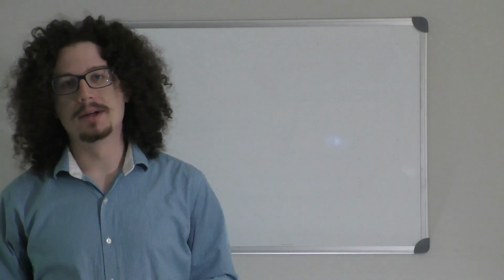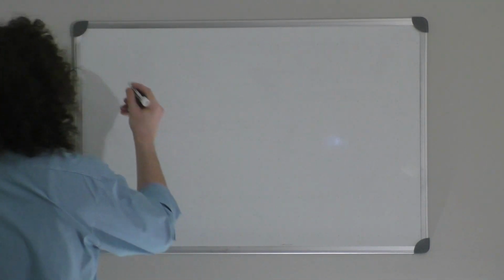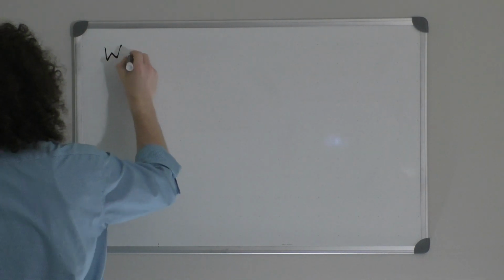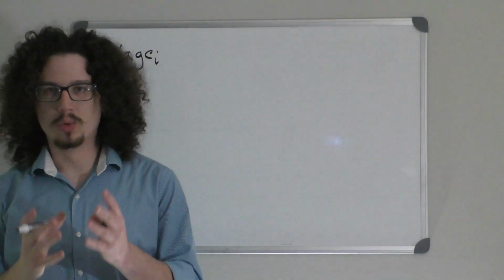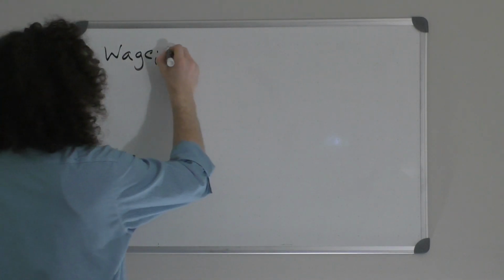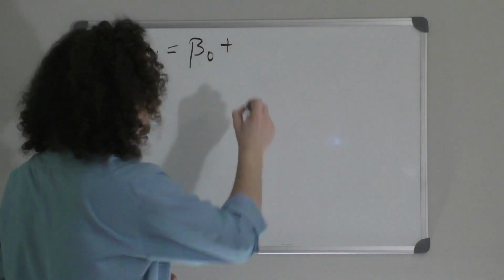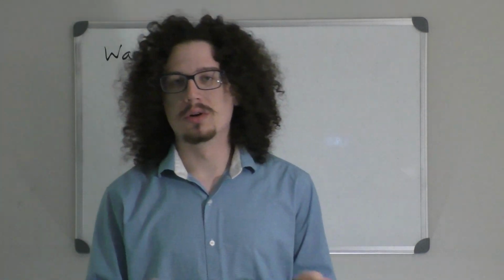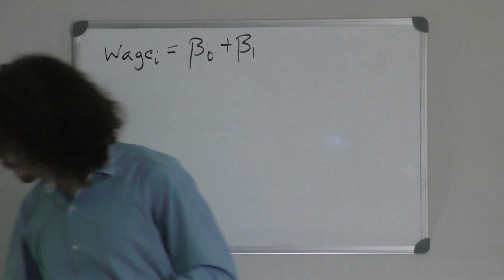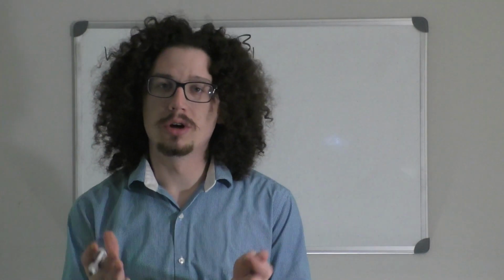All right, so since we're wanting to predict hourly wage, that's going to be our dependent variable, that's going to be our y. And we're just going to call that variable wage. So wage i equals beta naught plus beta 1, and it doesn't really matter which order we put these in, but I'll just use the order that I did in my notes. So we're going to put years of education first.